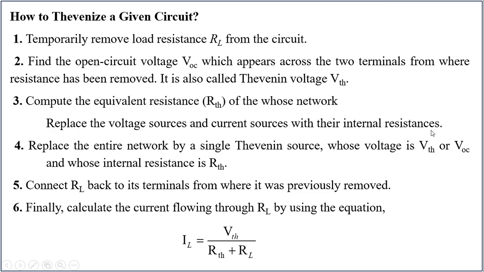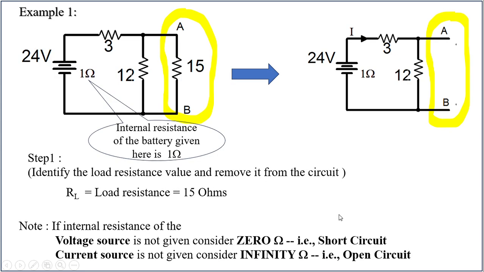The next step is, after finding the VTH value and RTH value, draw the equivalent circuit and find the current flowing through the load resistor using the formula IL is equal to VTH divided by RTH plus RL. Let us apply this Thevenin's theorem on the given circuit.